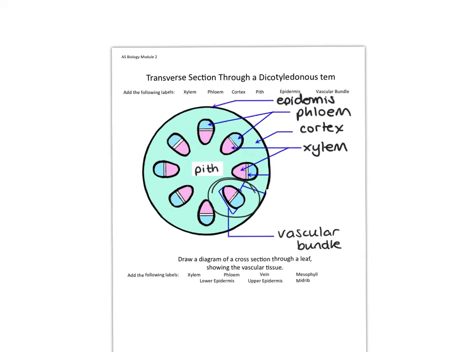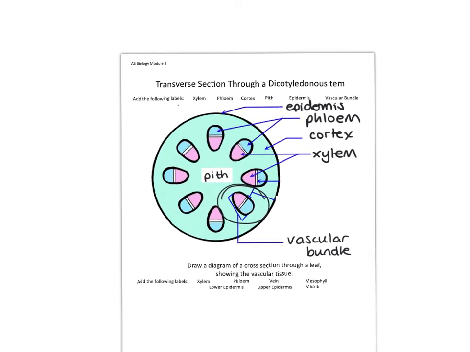Basically, that diagram is sort of that bit there. Okay? And if you look at this, we've got the epidermis at the top here. What's this stuff here? Well, it's the cortex, isn't it? So this would be down there. All right?